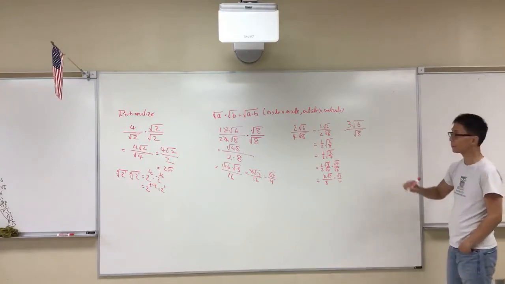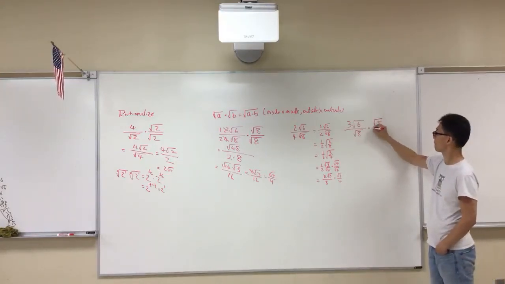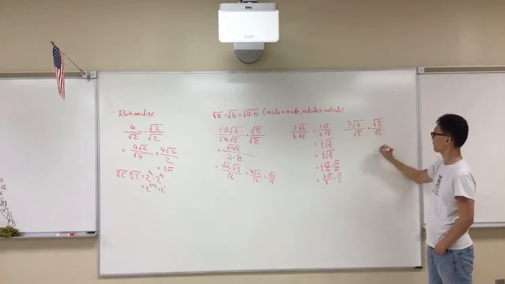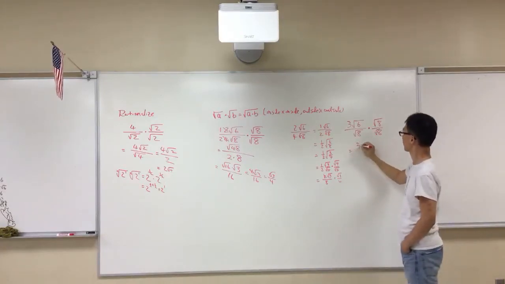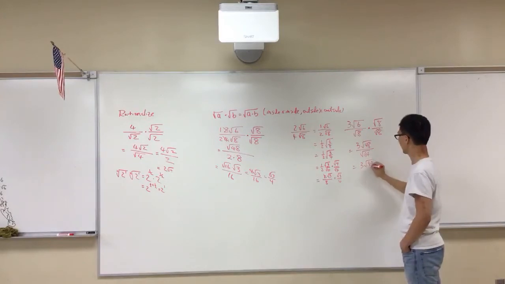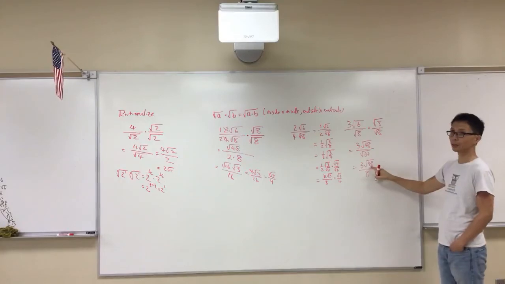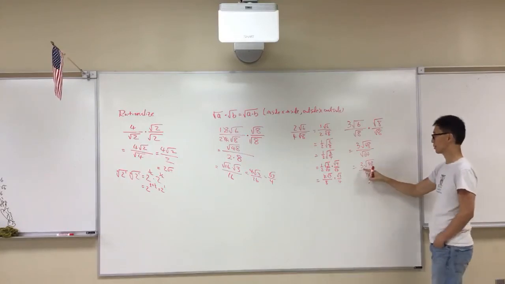What do I multiply here? Square root of 8. That's equal to 3 square root of 48 over 8, right? And what is 48? 16 times 3.